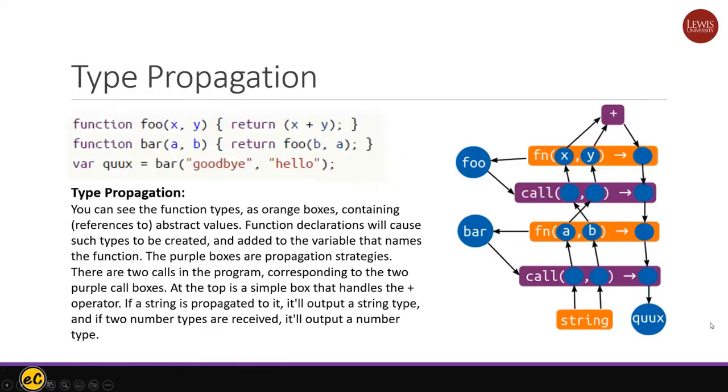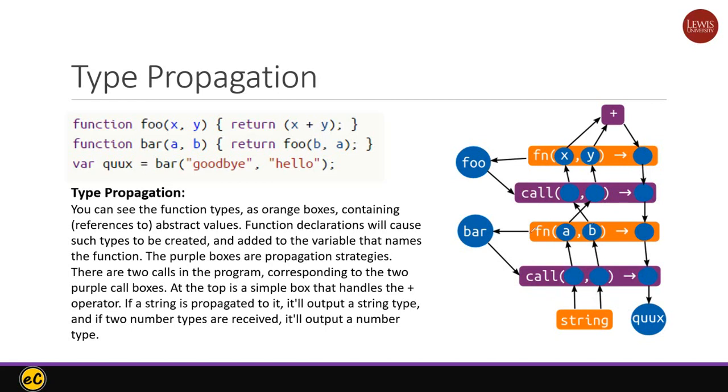So let's assume that here we do have functions foo and bar, and we call bar with goodbye and hello. So let's assume that we call this function and here we do return.